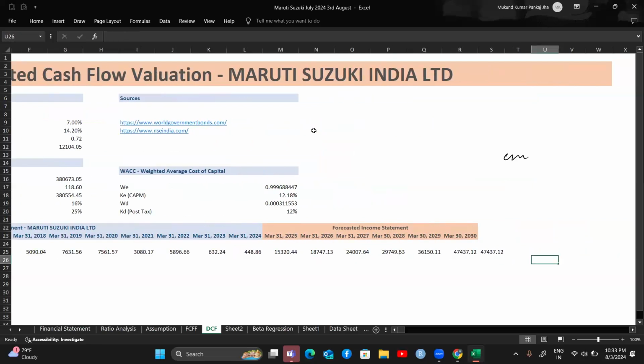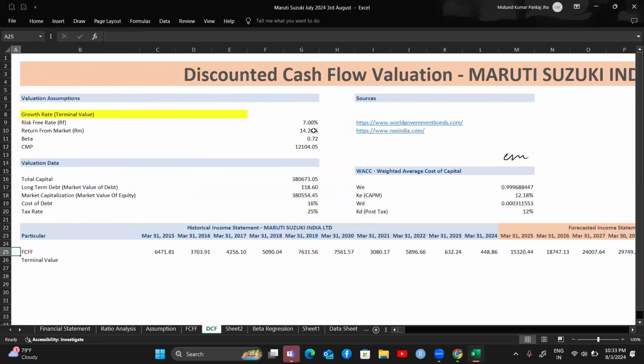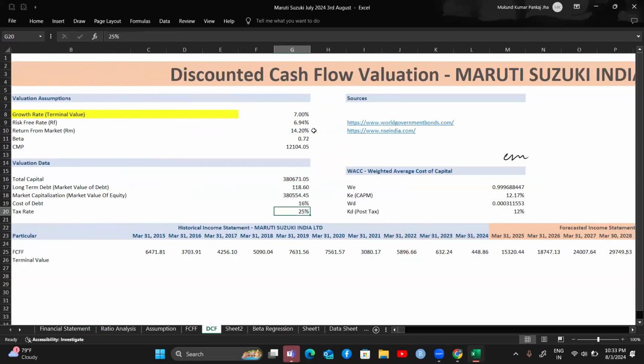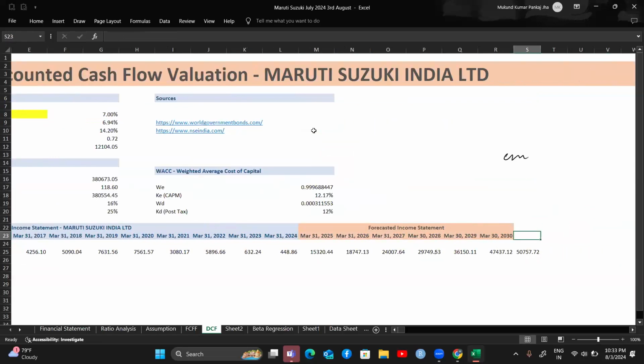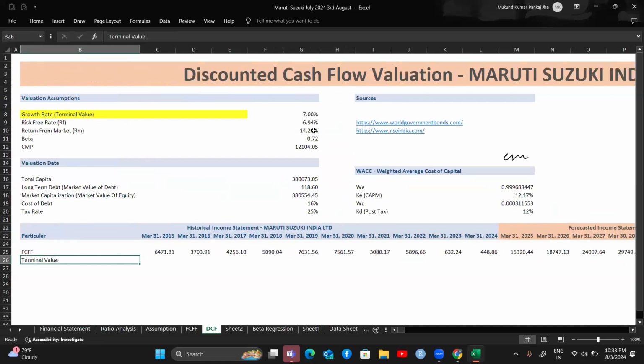Based on this, we have got the value for the next year. Oh, I'm sorry. Have I changed the risk-free rate? Okay, 7.00%. Okay. The next year is equal to last year into, sorry, last year plus 365. Okay. Now I want to get the terminal value.